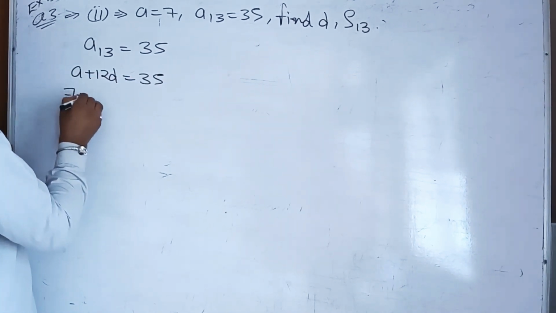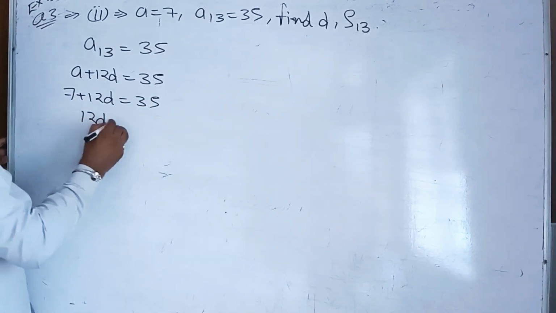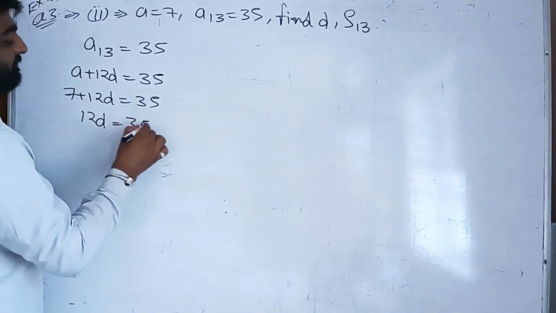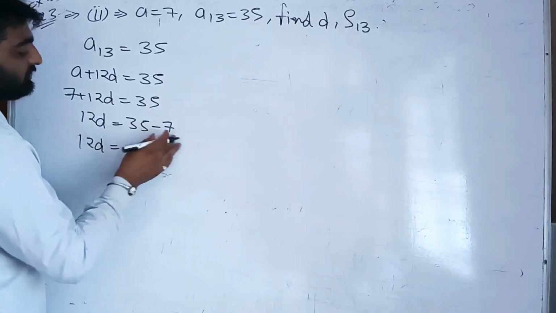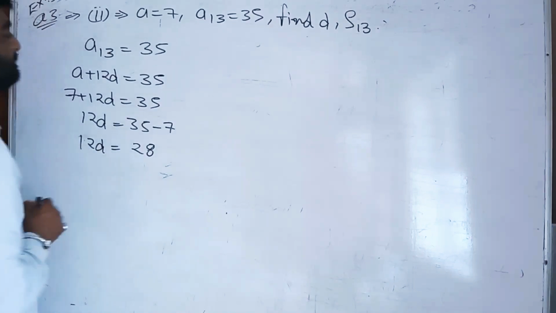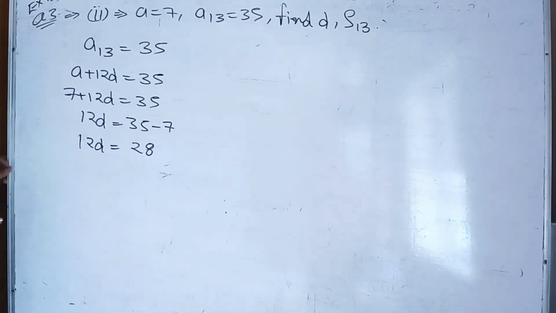Here A is 7, so 12D equals 35 minus 7, that is 12D equals 28. If we subtract 7 from 35, we get 28.